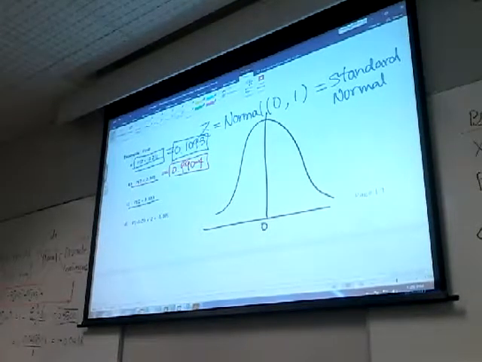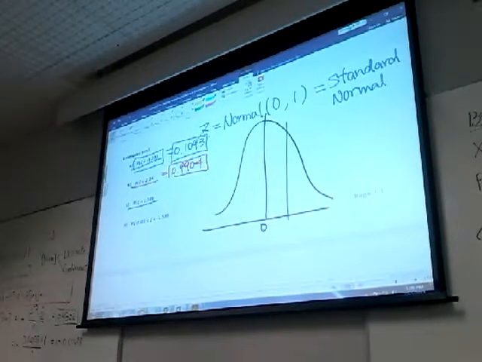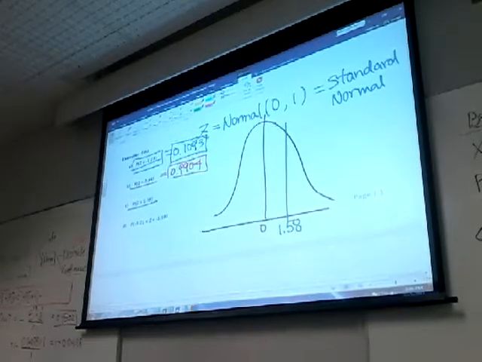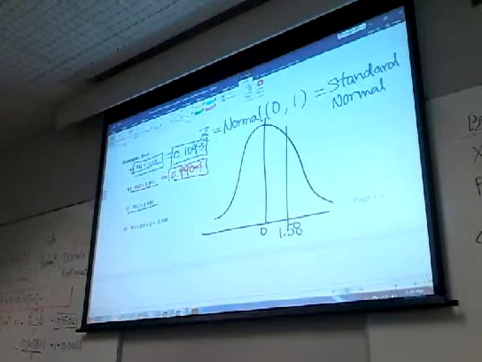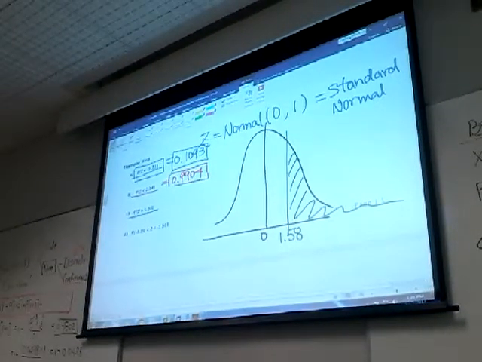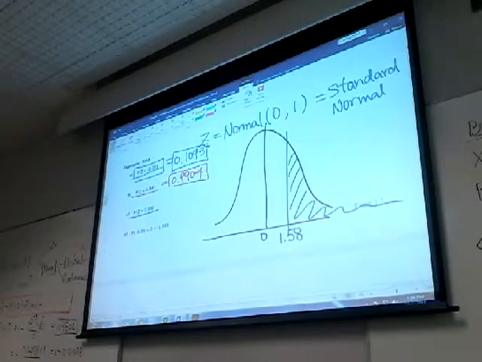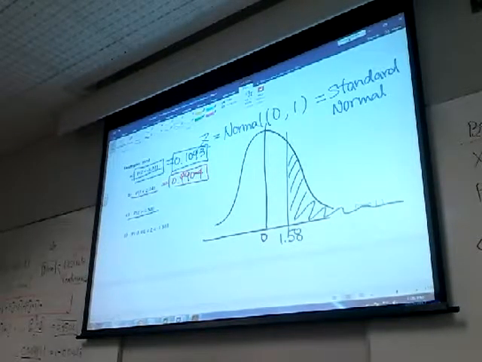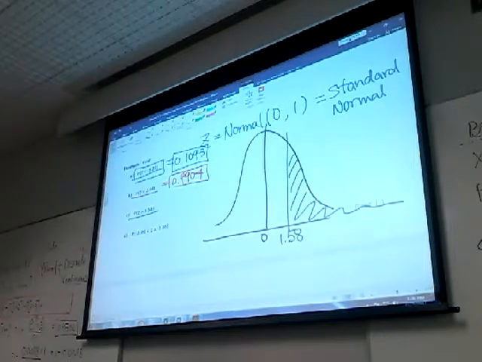Bigger than positive 1.58. Bigger, where? Left hand side or right hand side? Right hand side. What do you expect? The green area on the right hand side will be less than 50% or bigger than 50%? Less than 50%.